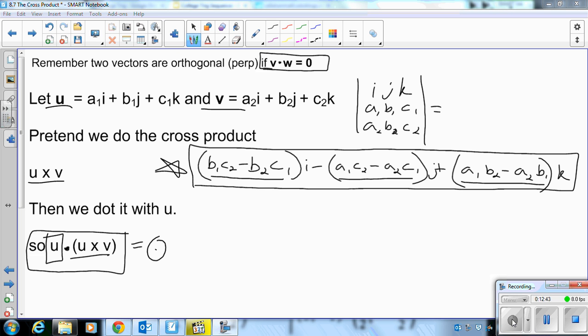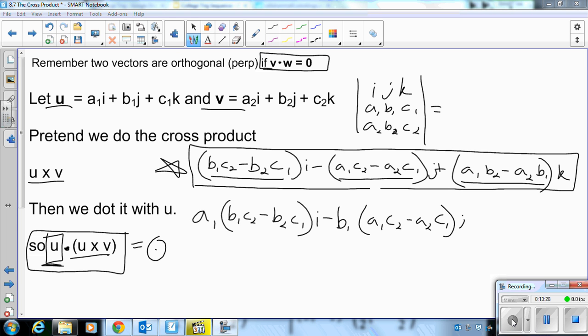So what we want to do here is, now that we have U cross V, we want to find the dot product. So remember, for the dot product, we just multiply our components together and add them. So if I do it with U, I could do it with V because it should be perpendicular to both of them. If I do A1 times the I component of my cross product, I get A1 times B1C2 minus B2C1, minus B1 times A1C2 minus A2C1.